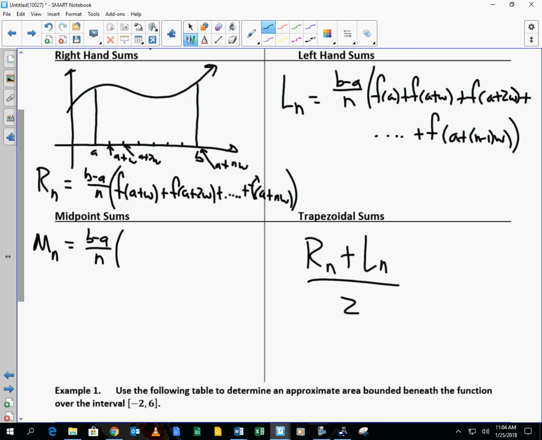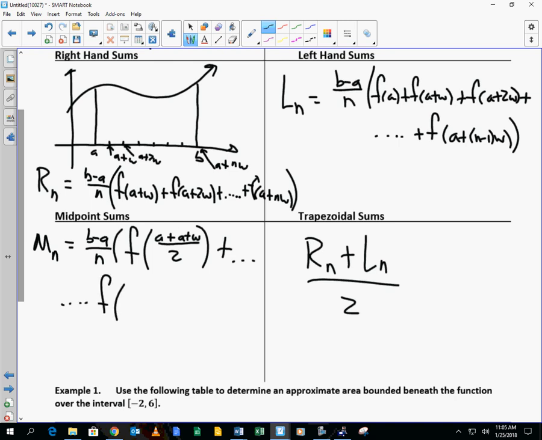So I do F of A plus A plus W, divided by 2, and then plus dot, dot, dot. We continue all the way down.